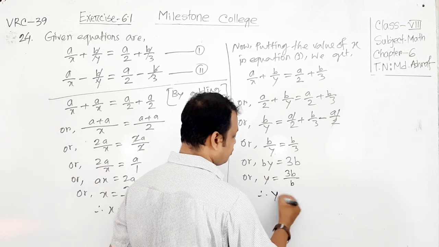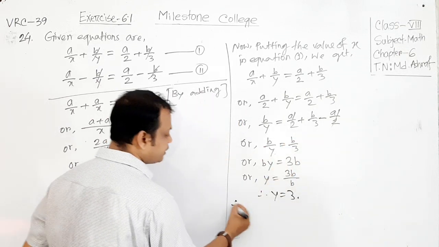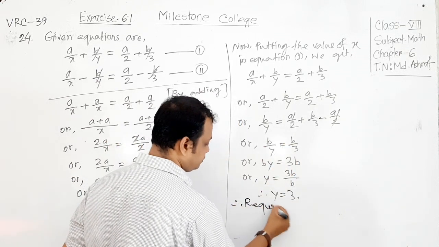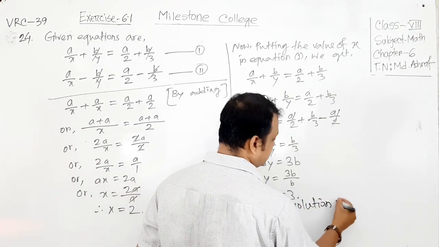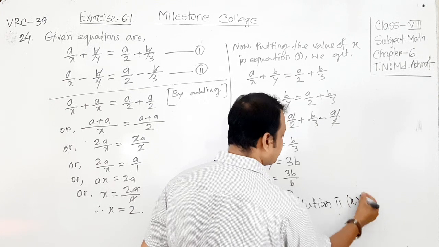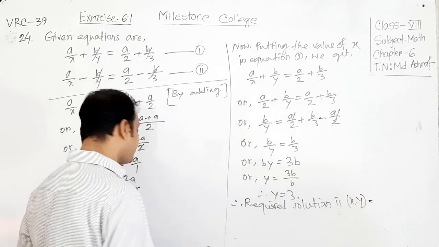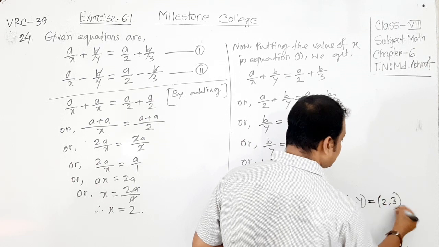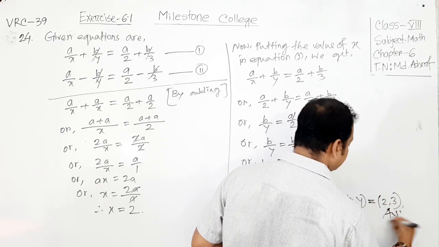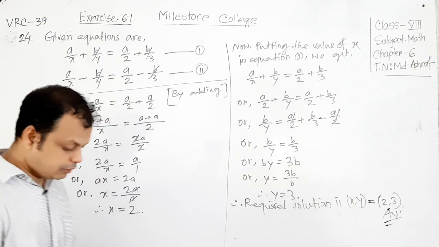Therefore we have got y equals 3. Therefore the required solution is x comma y equals, the value of x is 2 and the value of y is 3, so 2 comma 3. So this is the answer, this is the solution.